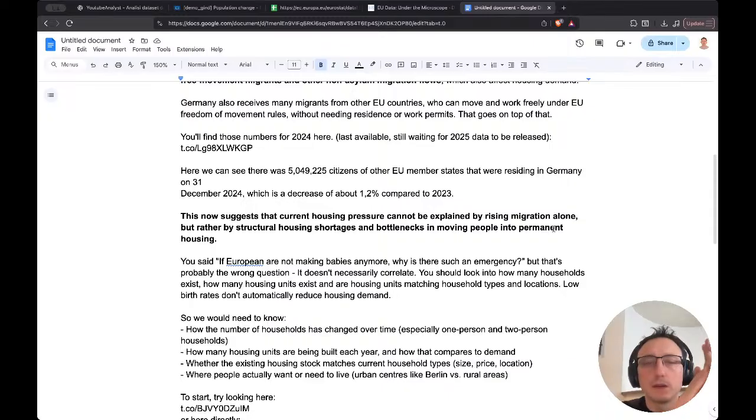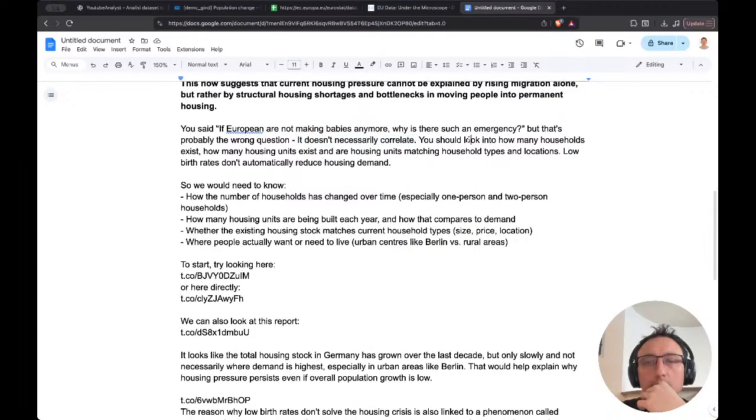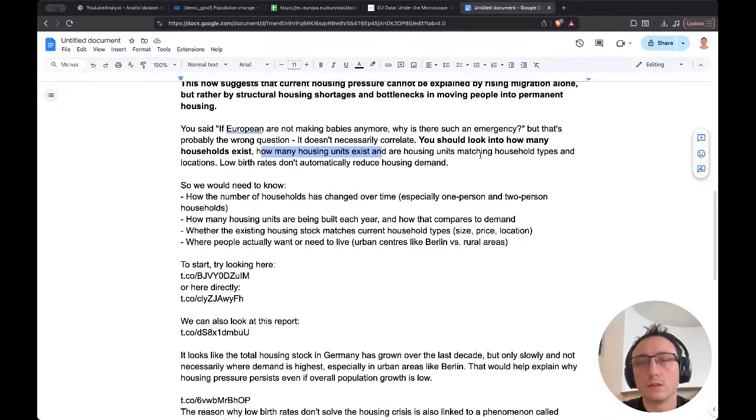You said if Europeans are not making babies anymore, why is there such an emergency? But that's probably the wrong question. It doesn't necessarily correlate. You should look into how many households exist. How many housing units exist and are housing units matching household types and location. Low birth rates don't automatically reduce housing demand, which is correct.